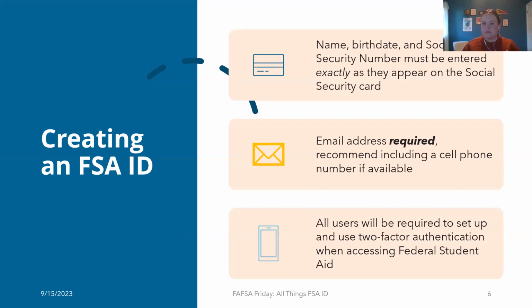It's used in case a password or username is forgotten. You can go through the process to retrieve those things using your verified email or phone number. But also moving forward, all users are going to be required to use two-factor authentication when logging into the Federal Student Aid website.